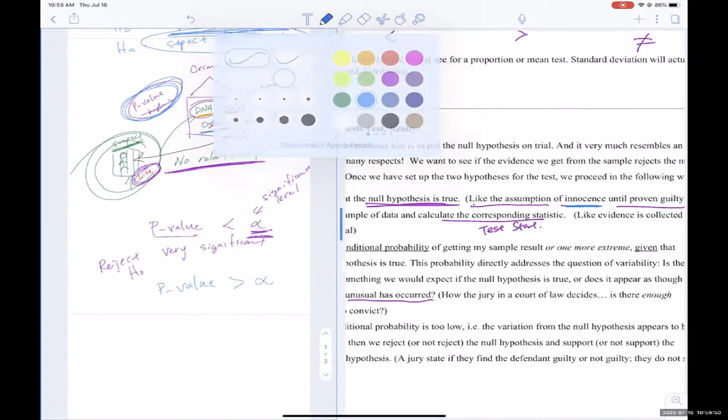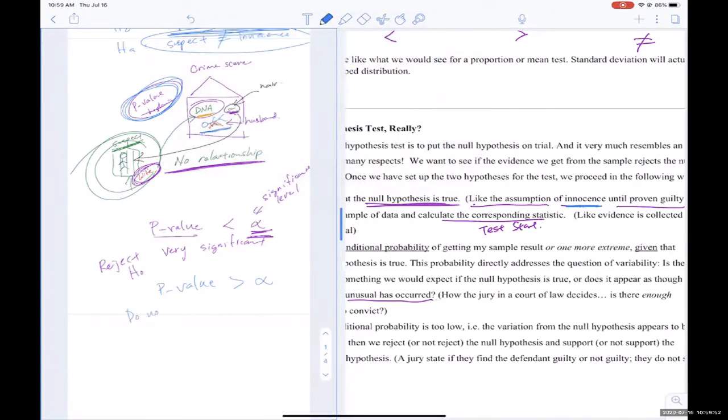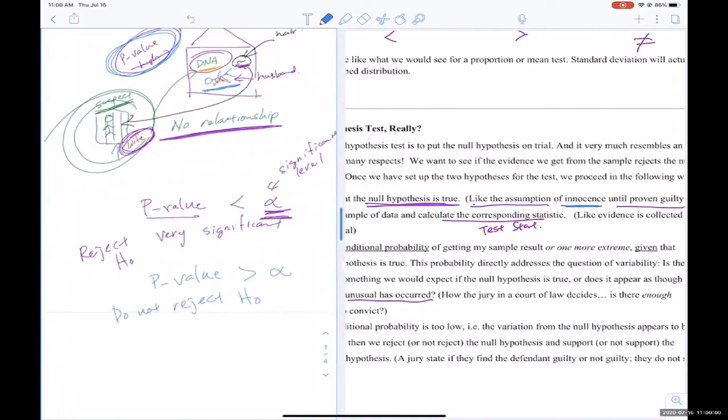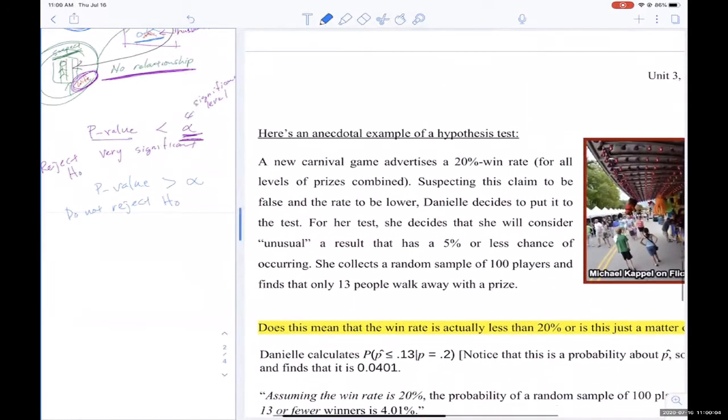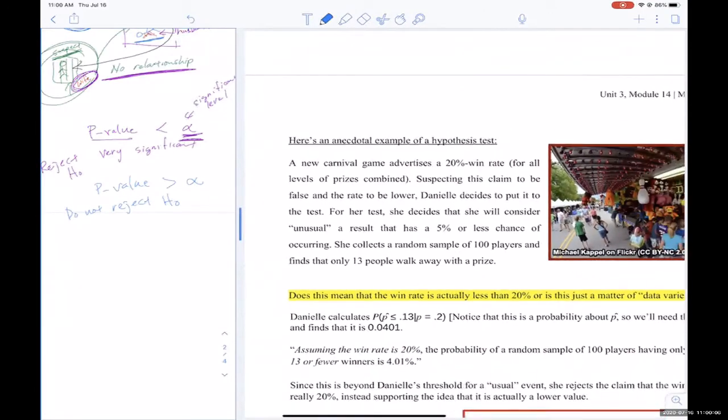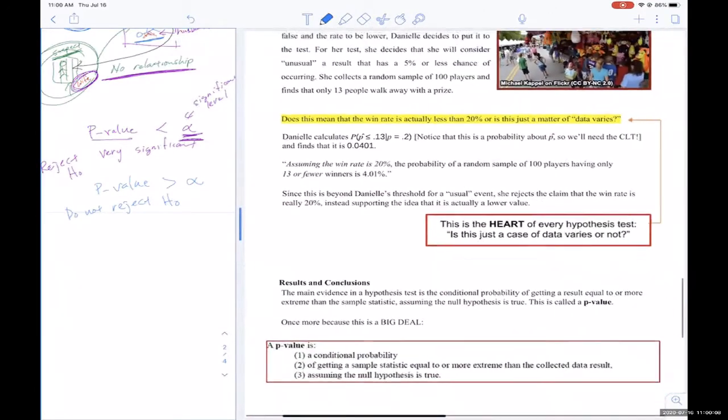If it's greater than, we do not reject the null hypothesis. That's basically the idea. I think you guys can go over this one.